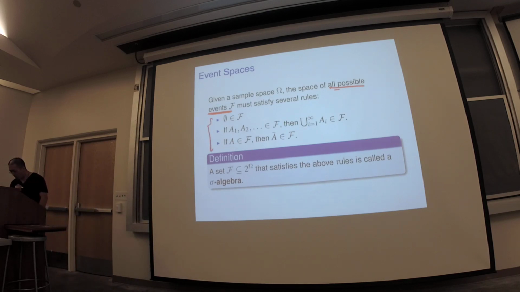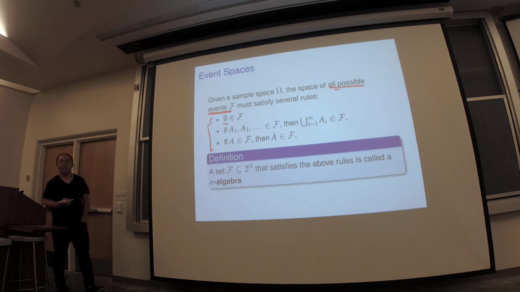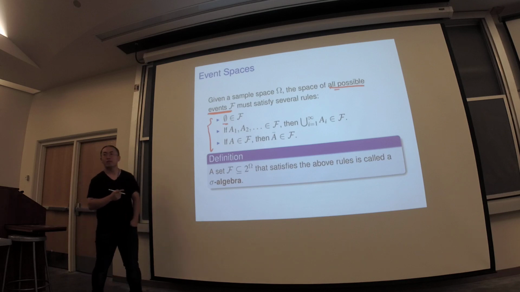So to avoid such an embarrassing situation, we need the set of all possible events to satisfy the following properties. First, the empty set must belong to F, the set of all possible events.